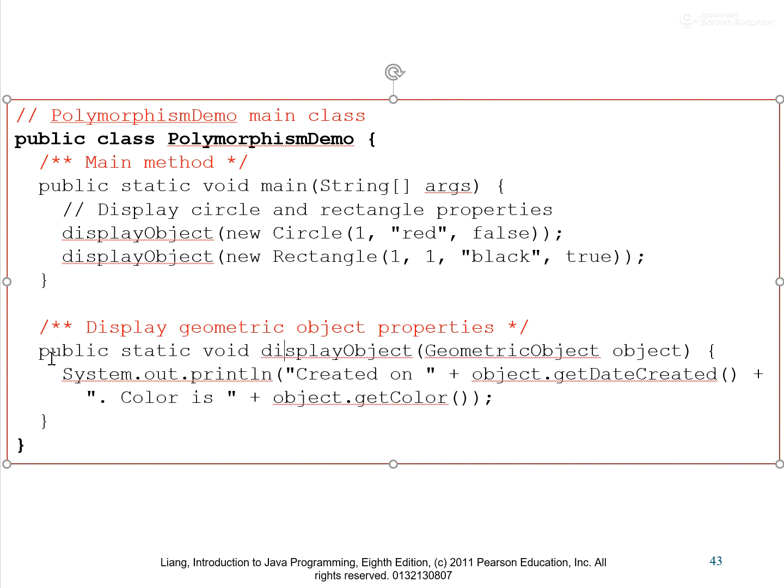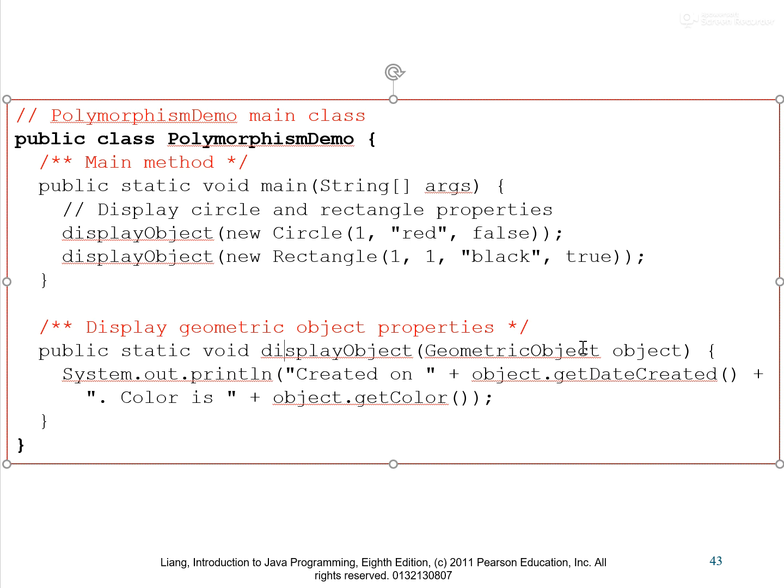I want to add a method called display object, and it should take any type of geometric object, rectangle, circle, triangle, anything else that you make a subclass of geometric object, and it should call its getDateCreated, print out its creation date and its color.